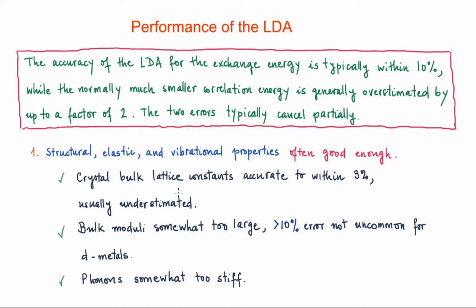Also because of that, you expect higher forces between the atoms when they separate from the equilibrium position, because lattice constants and bond lengths are usually smaller within the LDA than the experimental ones. Phonons calculated within the LDA are sometimes somewhat too stiff.